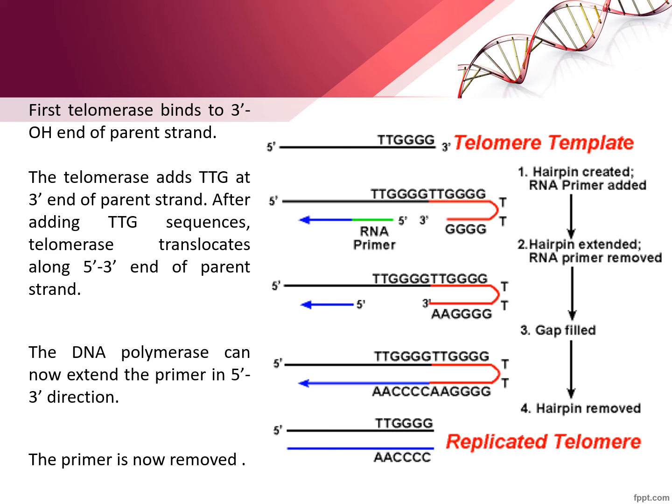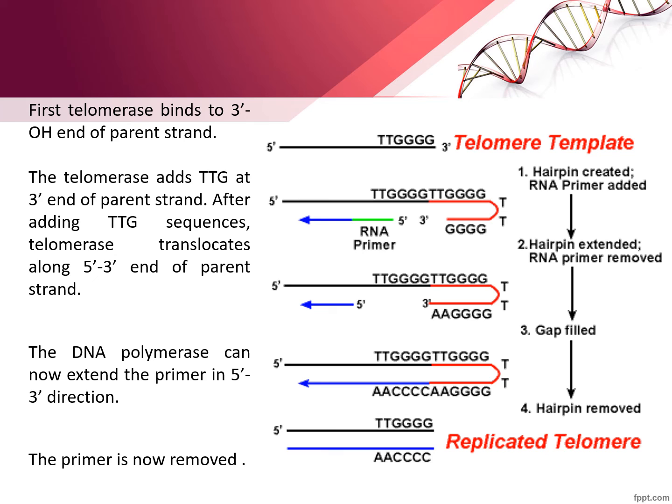Now, RNA polymerase, or the primase, synthesizes an RNA primer by copying the parent strand in the 5' to 3' direction using the telomere sequence as template. The next step is that DNA polymerase can now extend the primer in the 5' to 3' direction by adding deoxyribonucleotides to the 3' end.